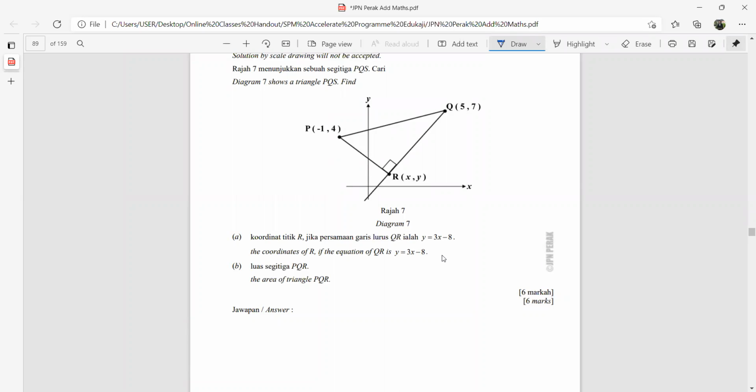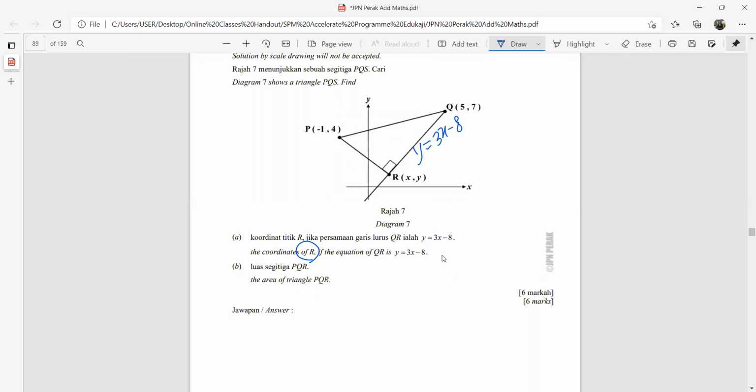Okay, find the coordinates of R. So how to do it: they give you these equations, QR equals y equals 3x minus 8.